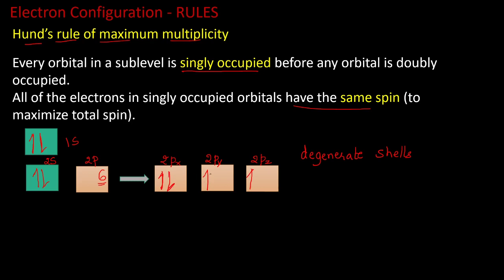The fifth electron would occupy the 2py, and the sixth electron would occupy the 2pz. Please note, these x, y and z orientations are something we are giving as a reference so as to understand it much better.